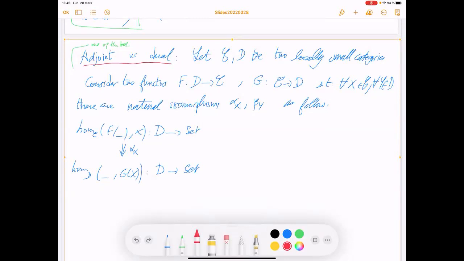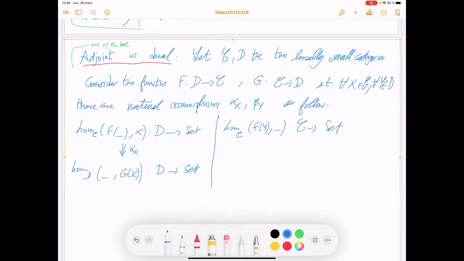So one natural isomorphism like that, and same for beta with the category C. So Hom C f of y, and you have that from C to Set.